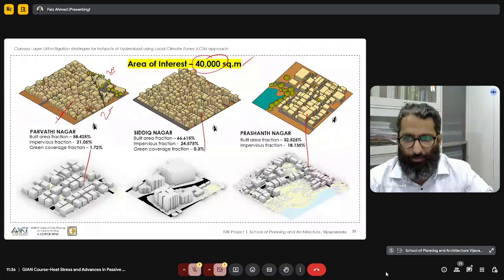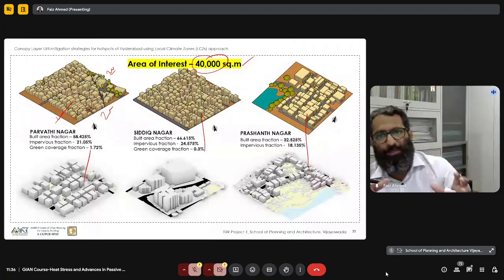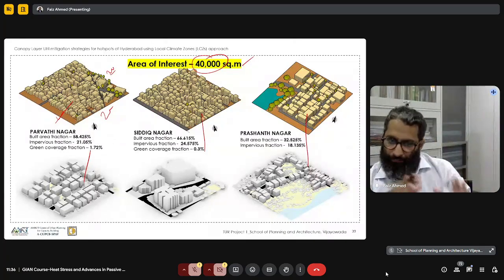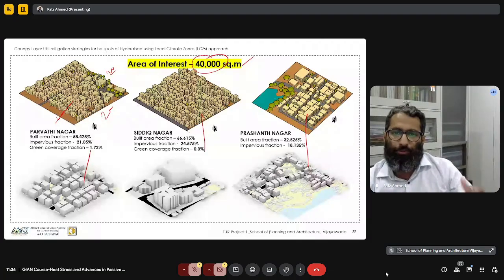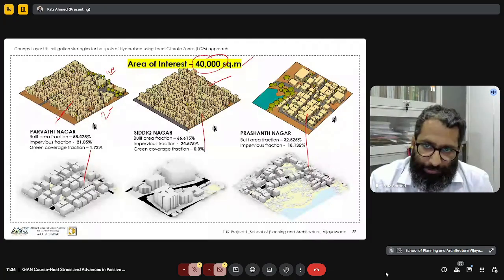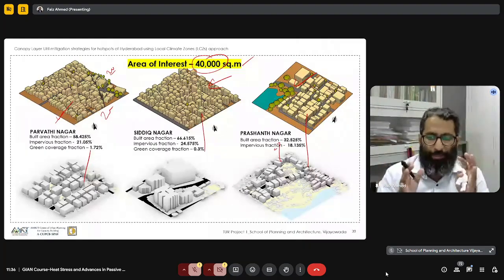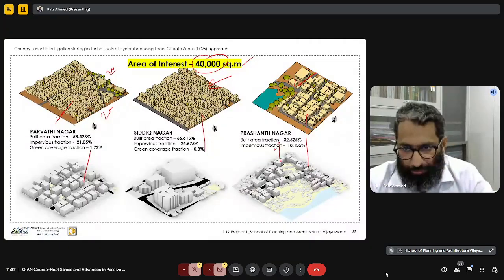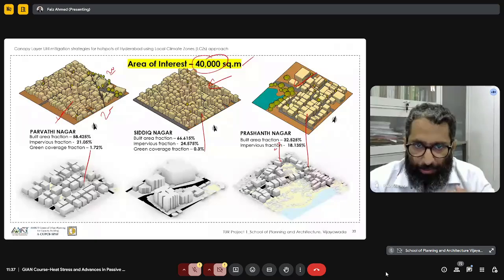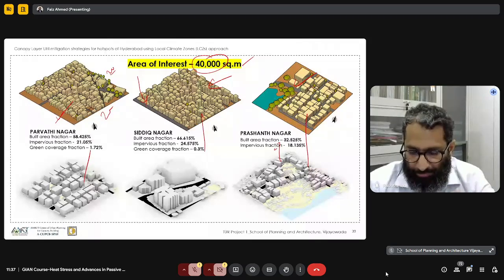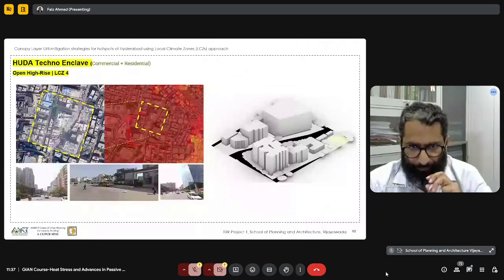All these six images that you see are of the same city, Hyderabad. So we can't have the same strategy here, here, and here. That's the idea we wanted to bring in, and we wanted to check what combinations of strategies can be suggested if you have highly heterogeneous urban environments like you see here.